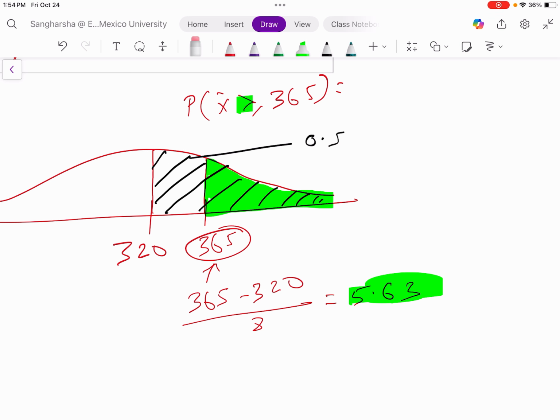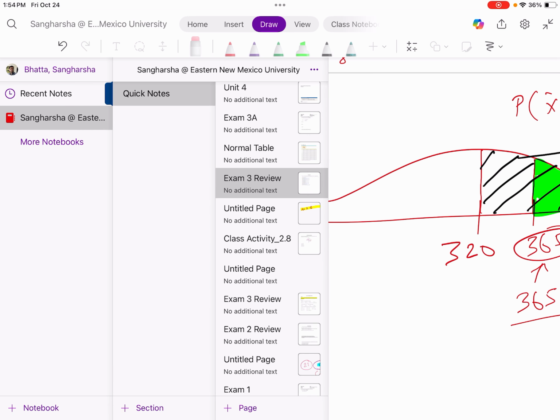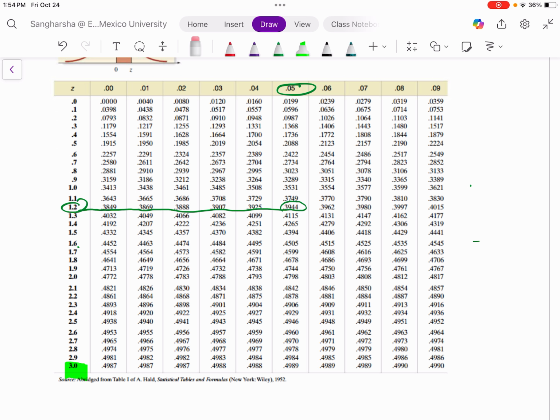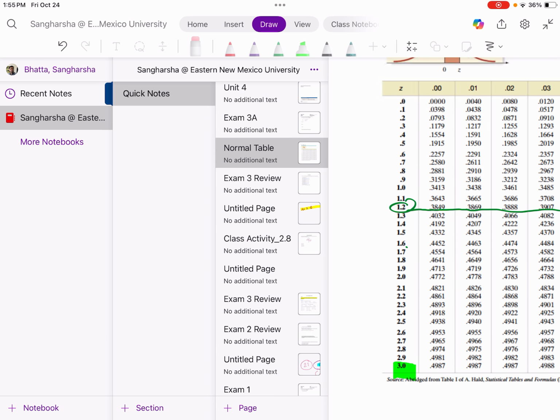If we check the area for z of 3.09, it has an area of 0.4990, which is close to 0.5.